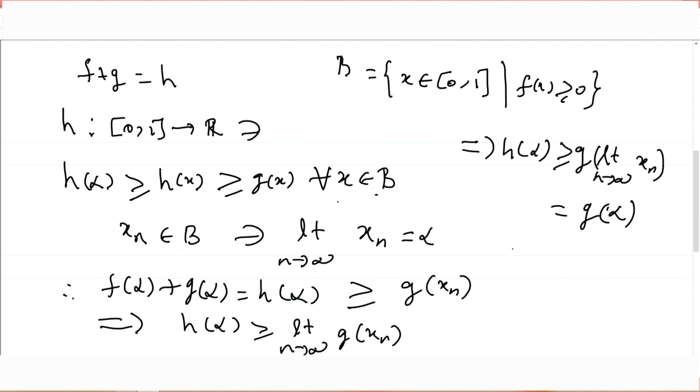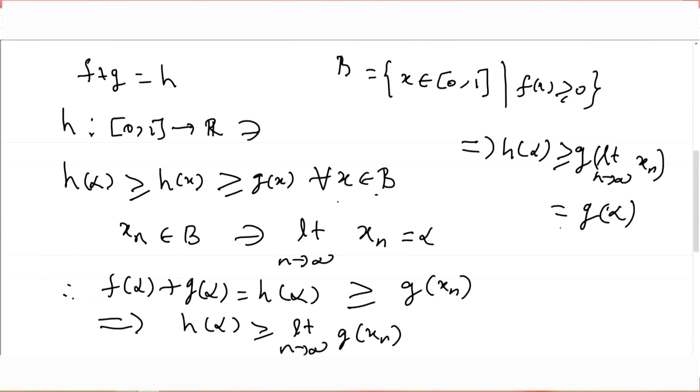So, what have we shown? If f plus g, which we have called h, is a non-decreasing function, since g is a continuous function, we are able to show that h of alpha is greater than or equal to g of alpha. So, h of alpha is f of alpha plus g of alpha.